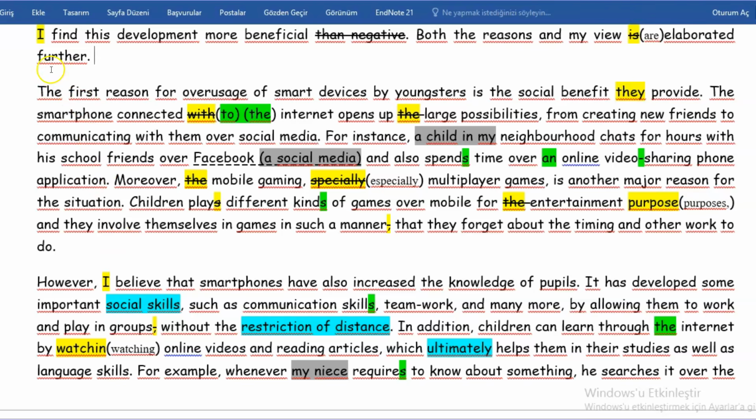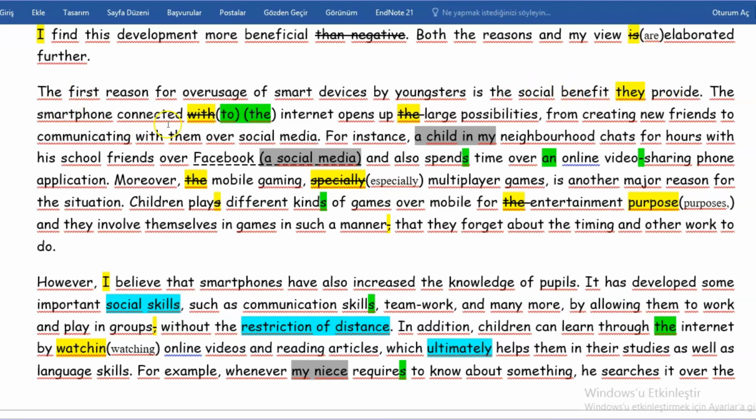The first paragraph, the main body, paragraph 1. The first reason for overusage of smart devices by children is related to social benefits.